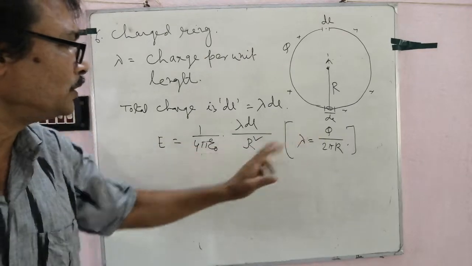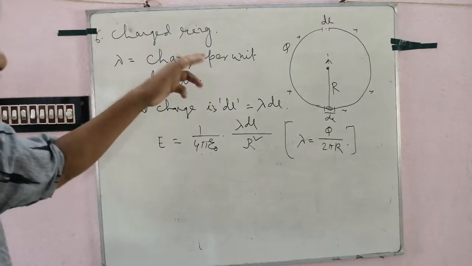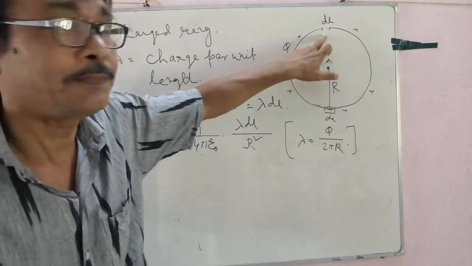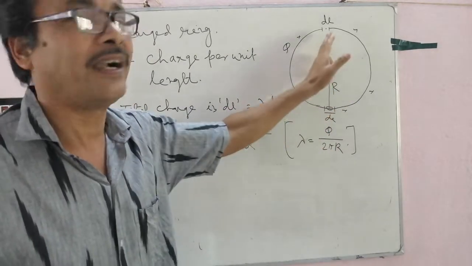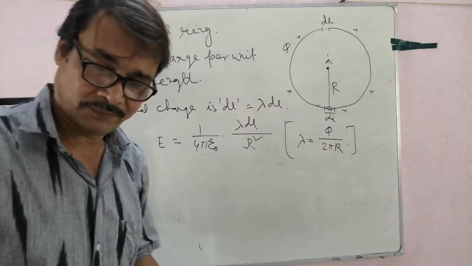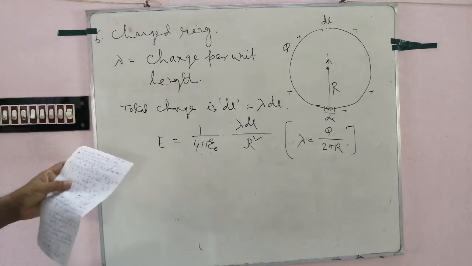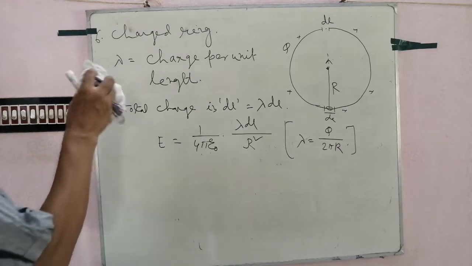If total charge q is given, then you have to put the value of lambda here. Clear? Again, this field is created due to this portion, not this portion. That is why the direction is upward. Very important question.